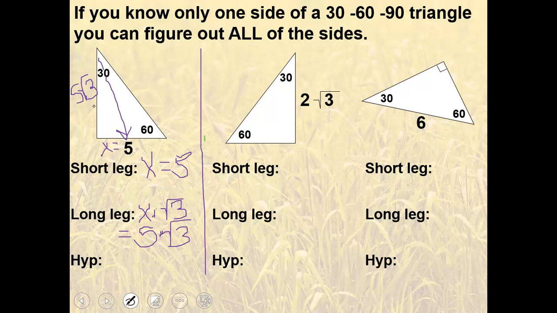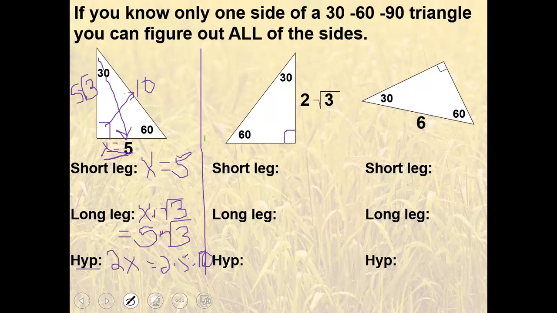The hypotenuse, right here, across from the 90 degree angle. You might want to mark these. I apologize, I forgot to mark those. Across from the 90 degree angle, that hypotenuse is always twice the short leg. What's my short leg? 5, so it is 2 times 5, or 10. So this side has to be 10.